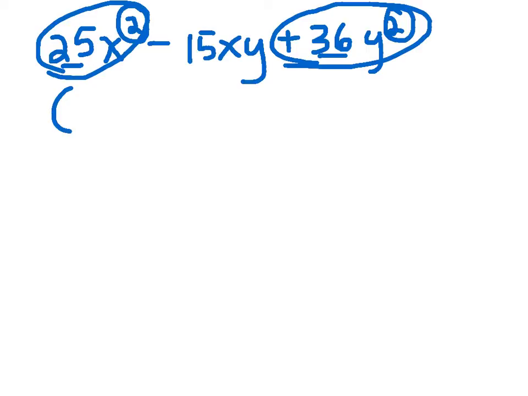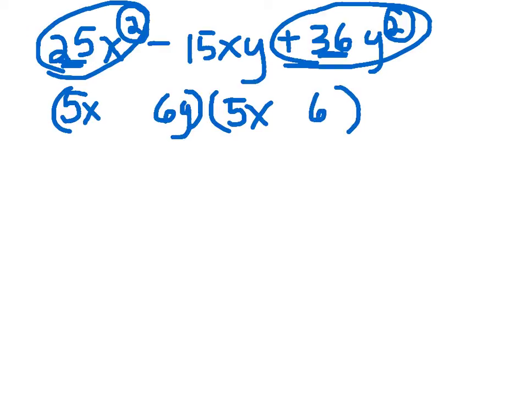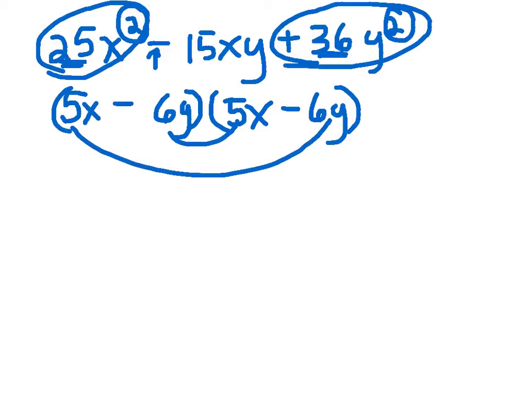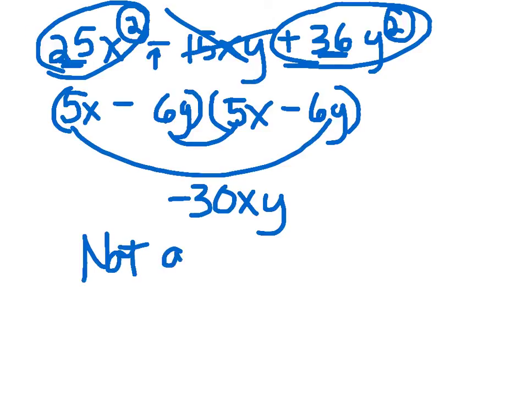So I'm now going to make a guess based on the square roots of the first and the last terms. The square root of 25x squared is 5x. The square root of 36y squared is 6y. Because this sign is negative, I need to put negatives in each place. Now I check the O and the I. They give me negative 30xy, which is not 15, so it is not a perfect square.